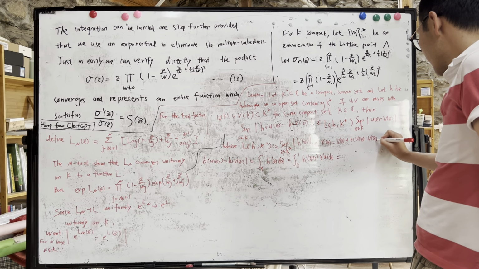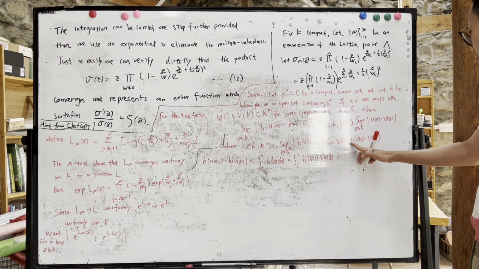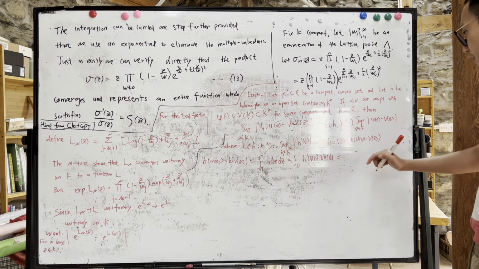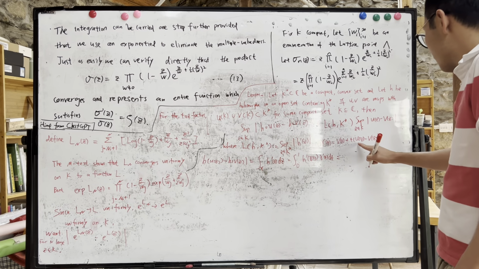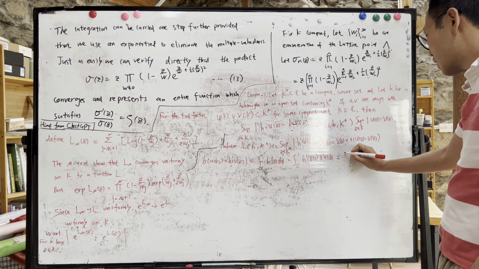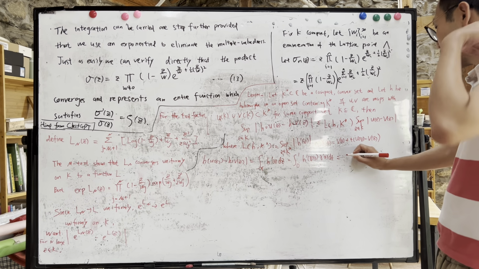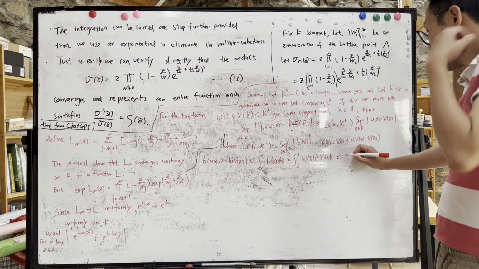Okay. T equal to 0 is V z, t equal to 1 is U z. So gamma prime t is just U z minus V z, right? Which is equal to the integral from 0 to 1.